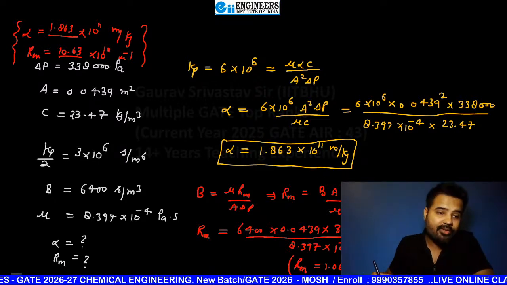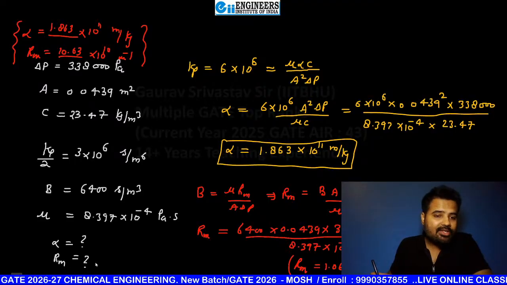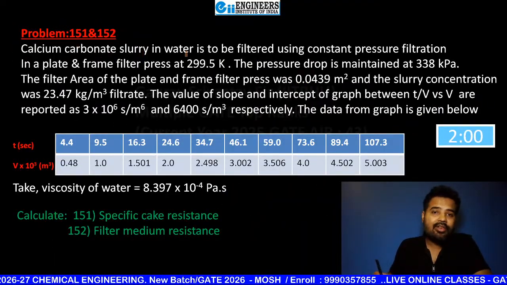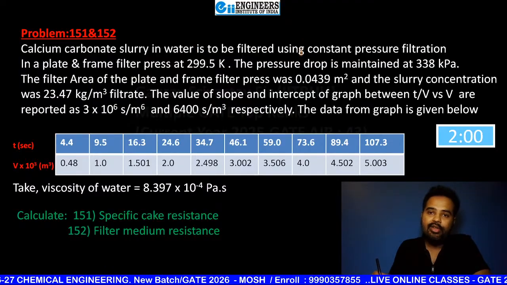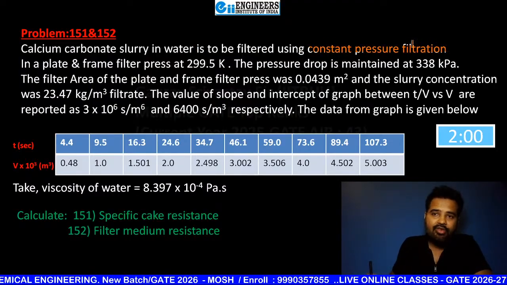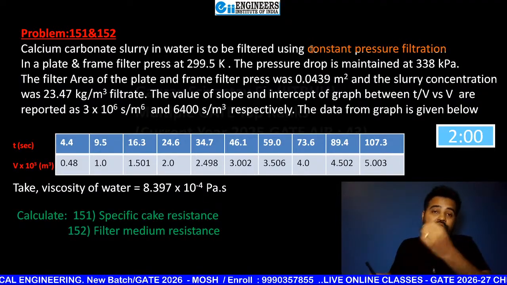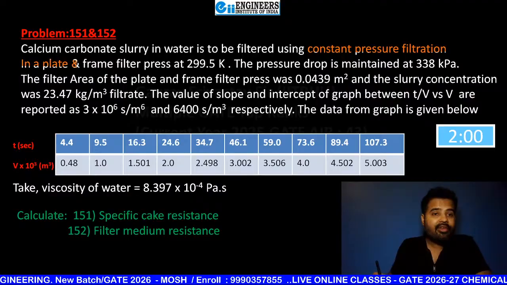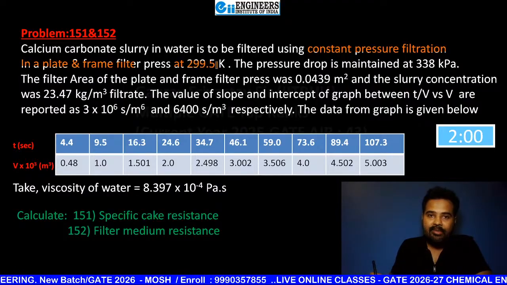How I solved this: first I extracted all data. Calcium carbonate slurry in water is to be filtered using constant pressure filtration. Very good. Constant pressure filtration means we can use the t by V equation. In a plate and frame filter press at 299.5 Kelvin.